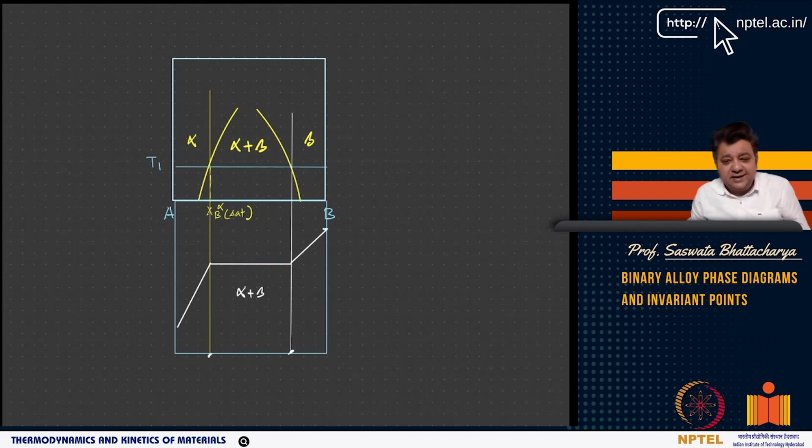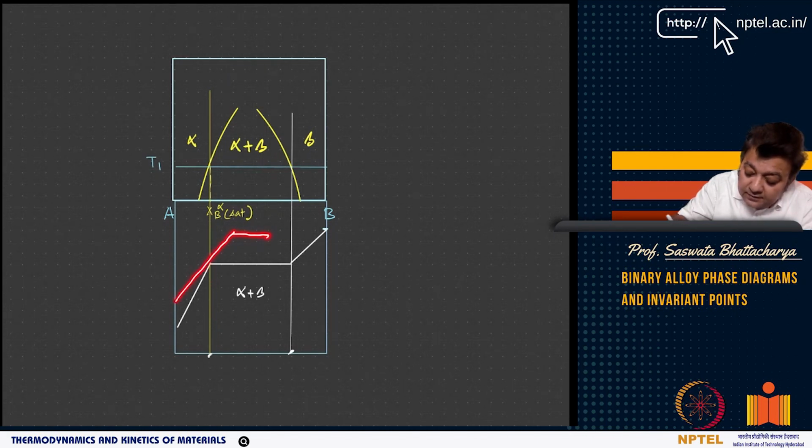Looking at this curve, this is at temperature T1, and then you can have it at temperature T2, and so on. At temperature T2, the curve will look something like this one.